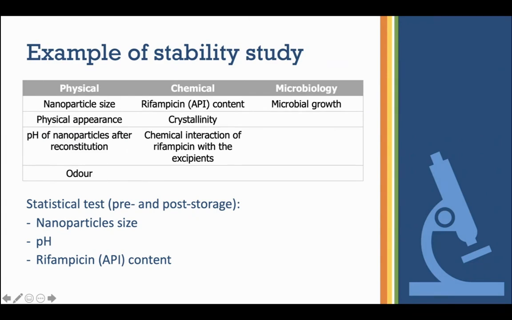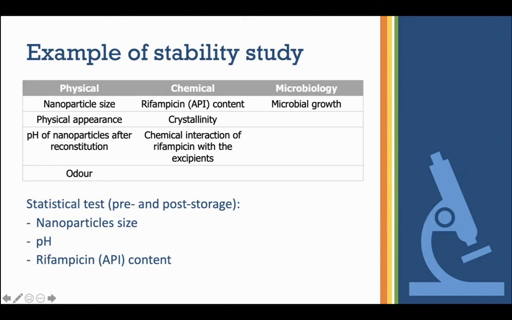So what statistical analysis can we do? Pre and post storage, before storage and after storage, we can characterize the nanoparticle size, whether it changes significantly, the pH of the product, and also the API content. So how do we test this?